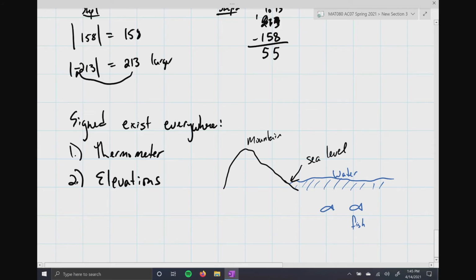We know we can have mountains, you have fish living in the water, and where the water meets the bottom of the mountain, that's called sea level. Well, that is 0 feet. Anything above sea level is considered positive, and anything below sea level is considered negative. All right? So, thermometer, elevations, anywhere else?